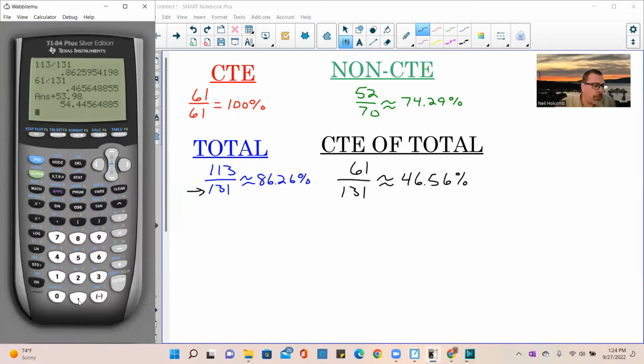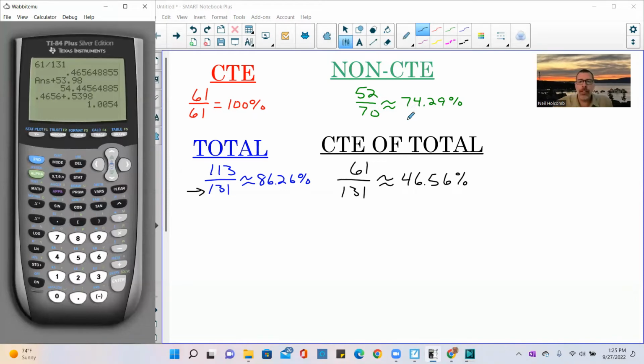So 46.56 is 0.4656 plus 53.98% is 0.5398 when you move the decimal. And when I add those, I get pretty close to 1, other than the rounding that was done. So it is 46.56%.